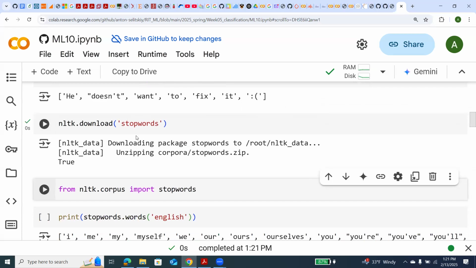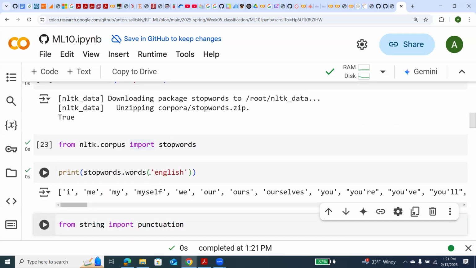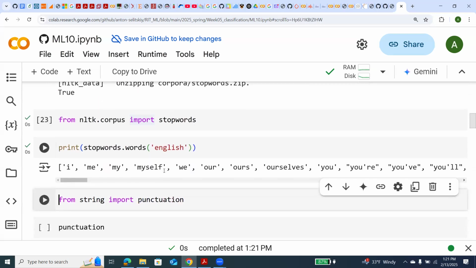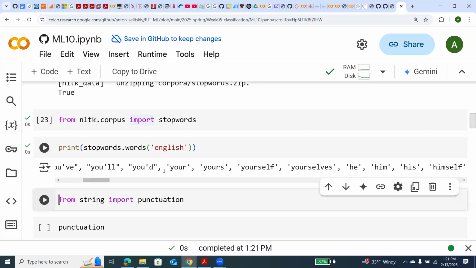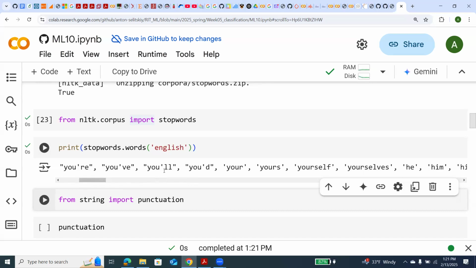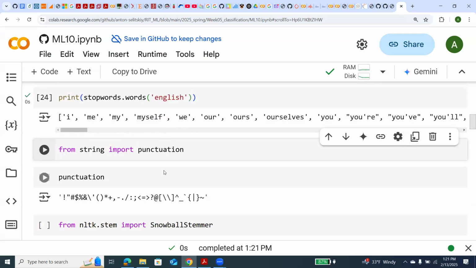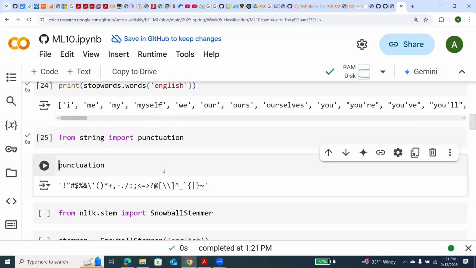Stop words: you can import stop words for a specific language, in our case, English. This is the list of very frequent words that we will just remove because most likely we will meet them almost in every tweet.